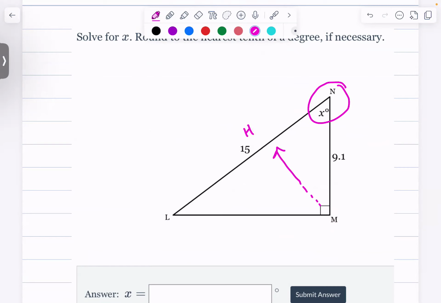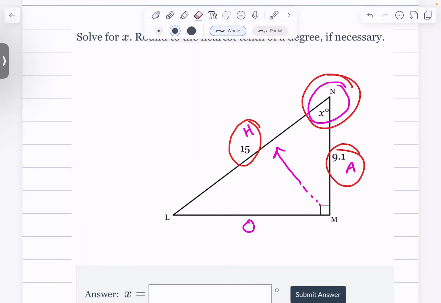From angle N, this is my opposite, and this is my adjacent. So you guys see that we know our hypotenuse, we know our adjacent side, and we have to figure out what this angle is. So what deals with hypotenuse and adjacent? Cosine again.